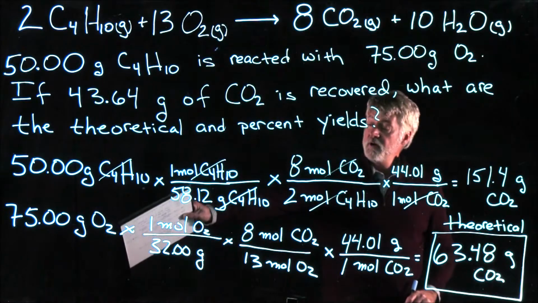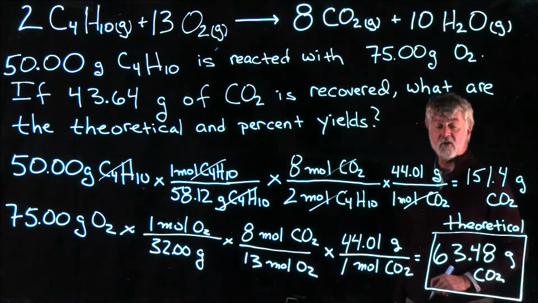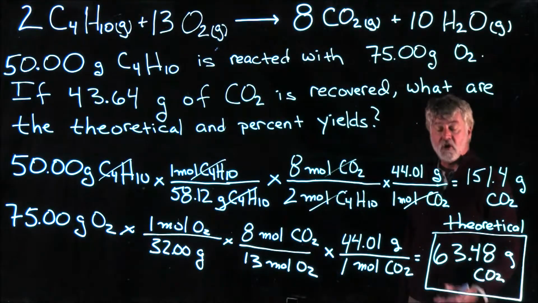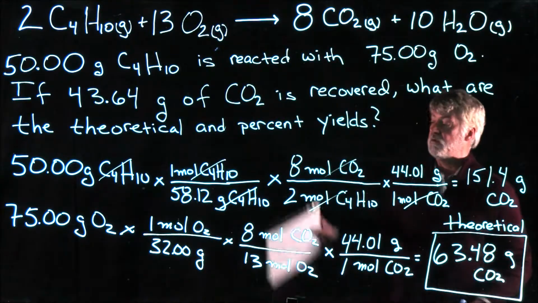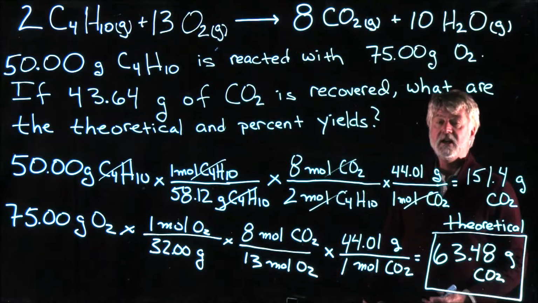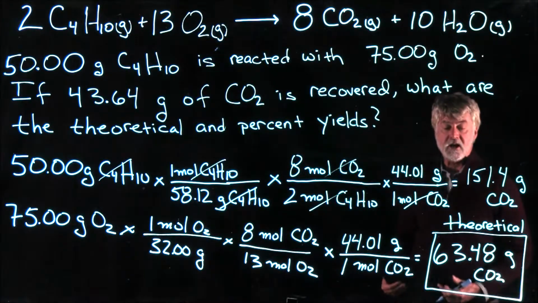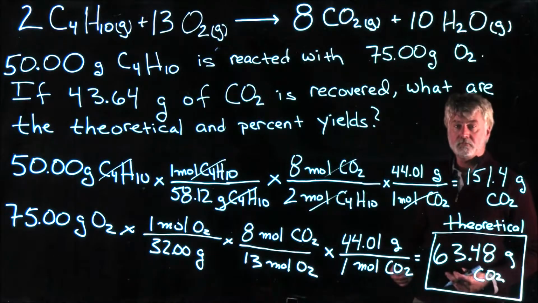So what we're saying is that we're going to run out of O2 first. The 75 grams of O2 will react, create 63.48 grams of CO2, and then the reaction is done because there is no more oxygen available. So the limiting reactant would be the O2, the butane is the excess reactant, and 63.48 grams of CO2 is our theoretical yield.